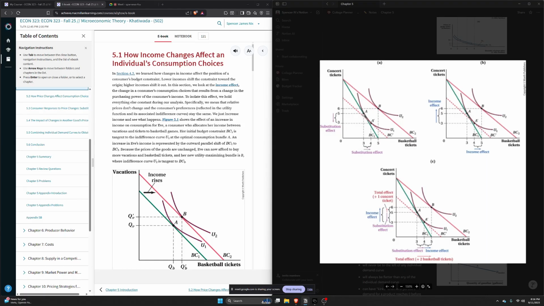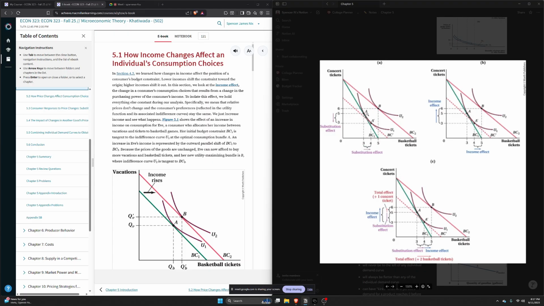And this A prime is going to be on the same utility curve. So you see how this budget constraint line is not touching A prime. It's just at a different point on the utility curve. So the difference between A and A prime is the substitution effect. You see this dotted line right there, and then A prime, that dotted line. So the difference between those two is the substitution effect.